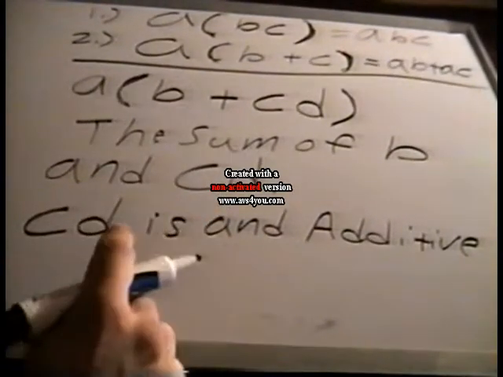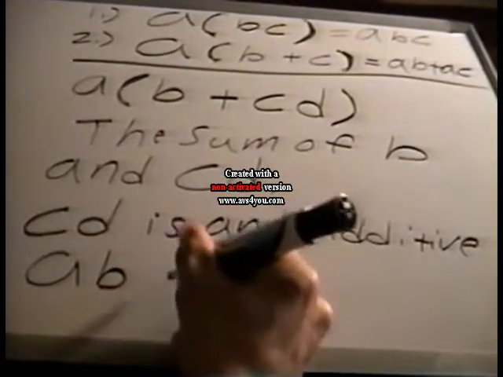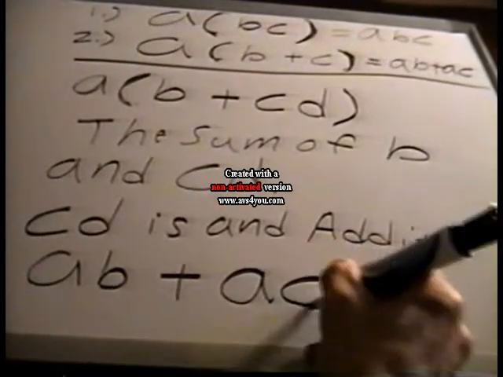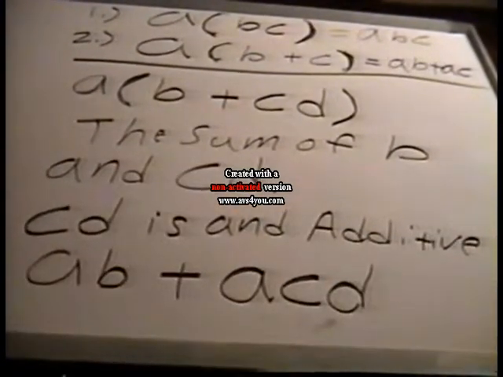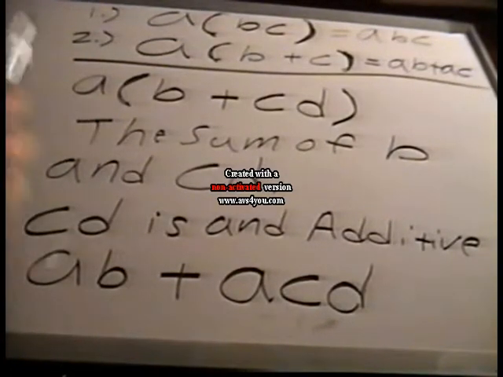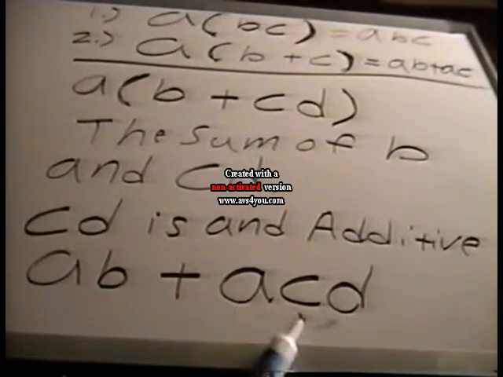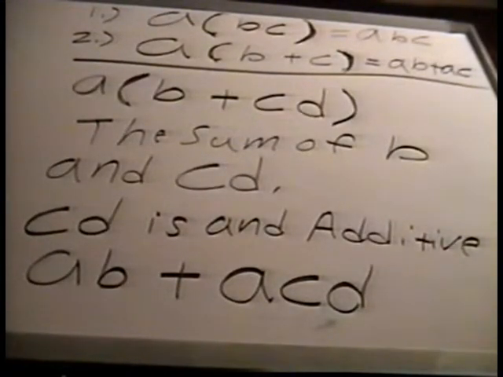Now we're going to discuss the difference between an additive and a product. BC is the product of B and C. B is a factor.